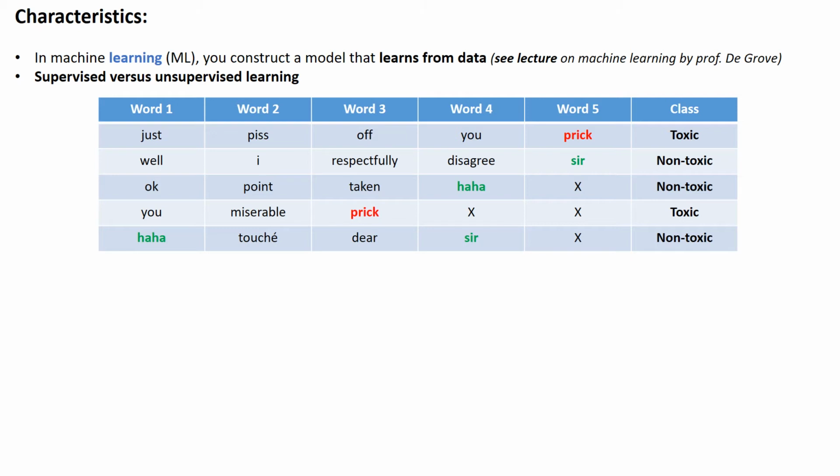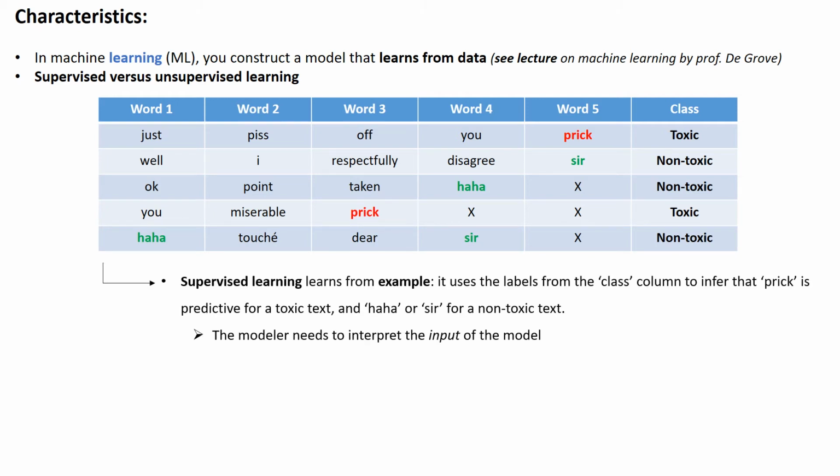If we went with a lexicon or dictionary approach, it means that we need to define beforehand a list of words that are toxic versus non-toxic, and that we feed, thanks to our human knowledge of our language, to the algorithm. But this is not how machine learning works. Machine learning works by learning from example and from patterns present in the data. But supervised and unsupervised learning do it in a completely different manner.